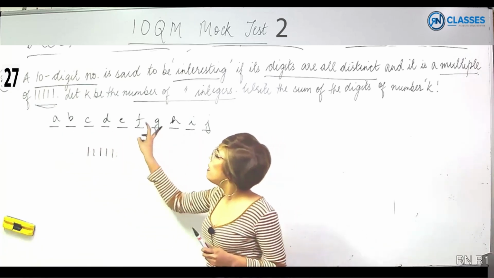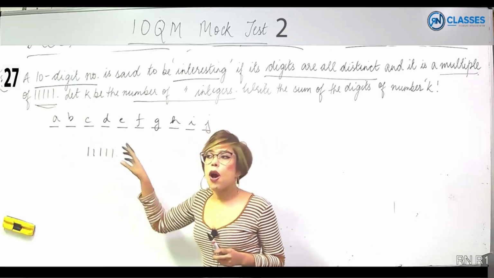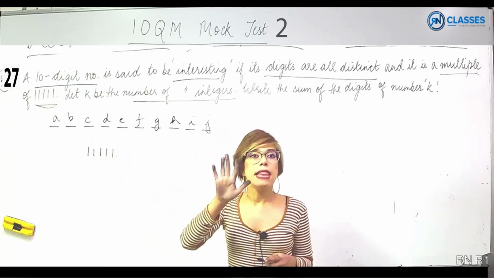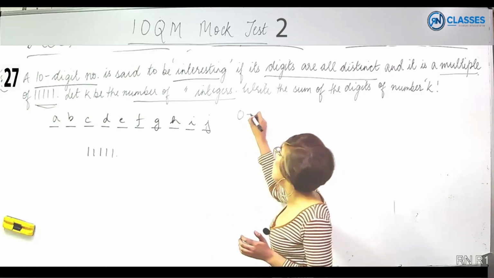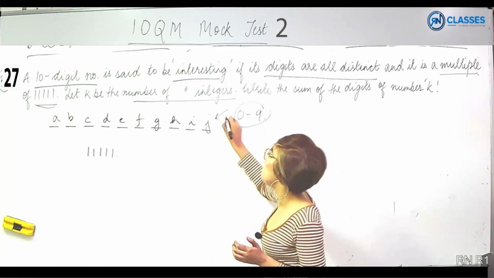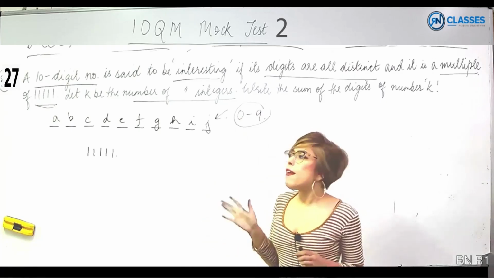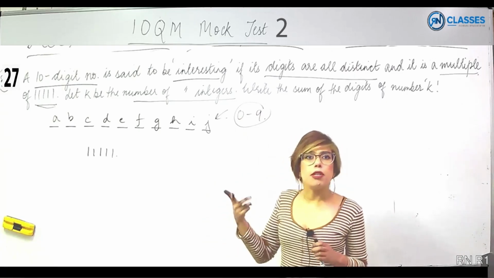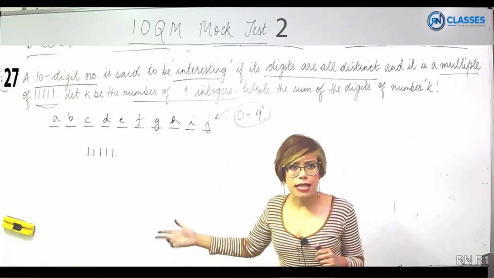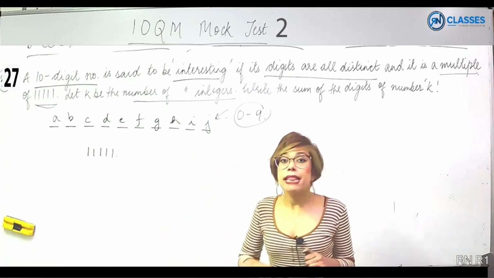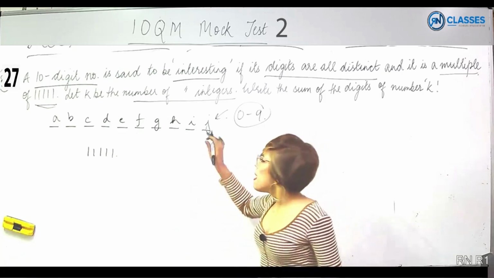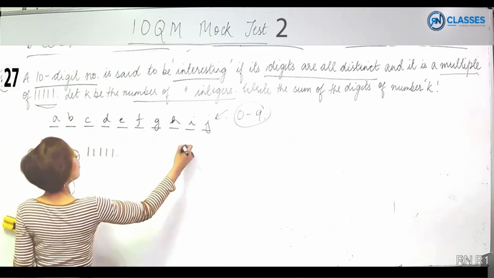Now, he says all the digits are distinct, right? Now, how many digits are there? 10 digits are there. That means 0 to 9, all the digits will be involved in the number. Right? 0 to 9, all the digits are involved. Now, if I add 0 plus 1 plus 2 plus 3 plus so on till 9, as in the sum of the first 9 natural numbers, that turns out to be 45. If I add all the digits, the sum turns out to be 45.